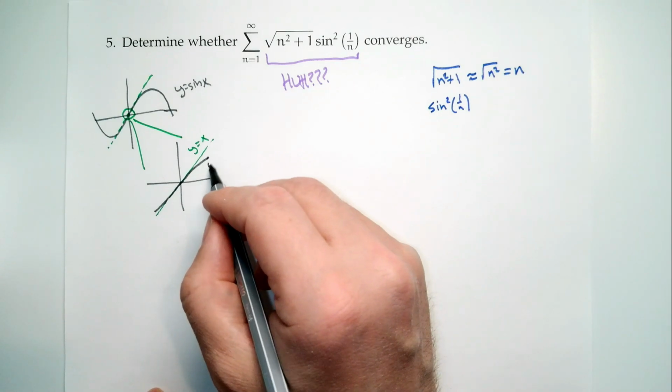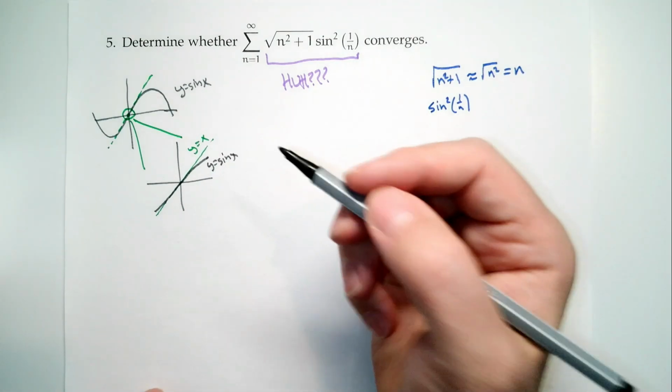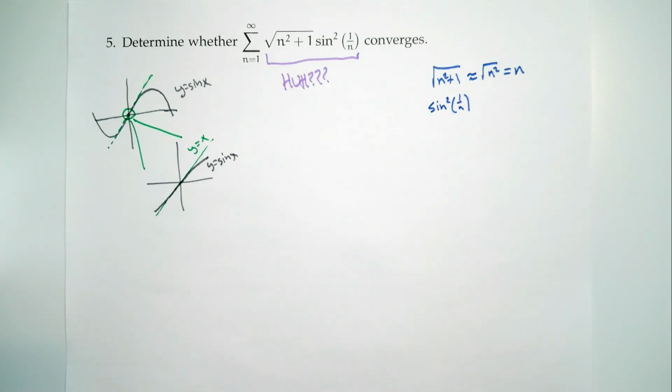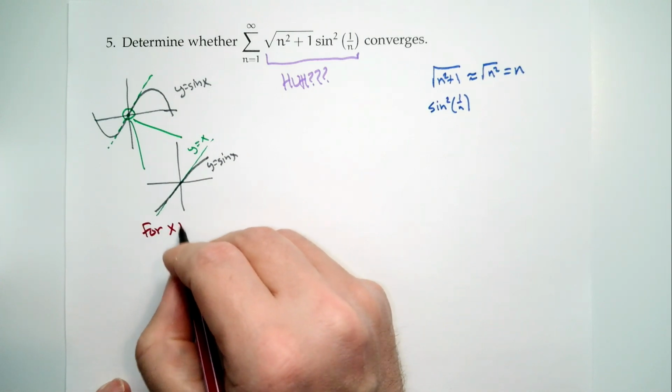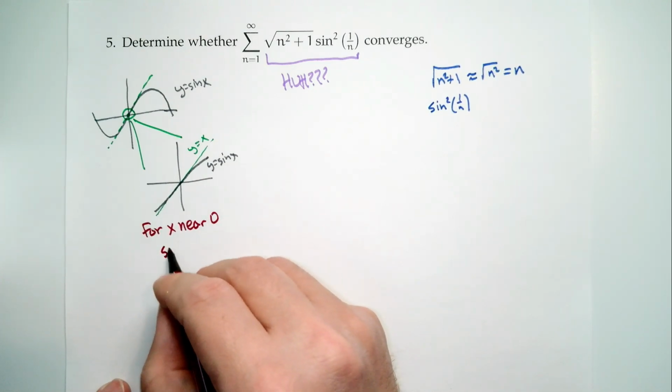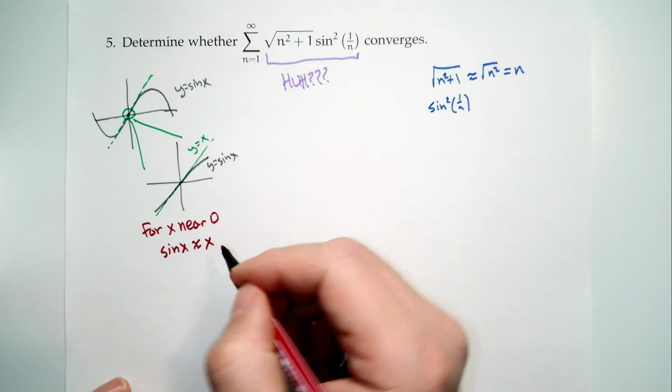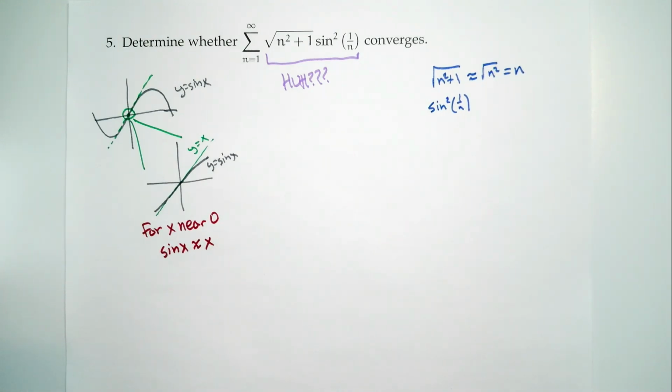So there's our sine x. Now, what's the point here? Here's the fun fact, and once you realize this, it really helps you see what's happening on this problem: for x near 0, sine of x is about x. It sounds like a very complicated fact, but all that's being said is that the function approximates its tangent line when we're near the point of tangency.